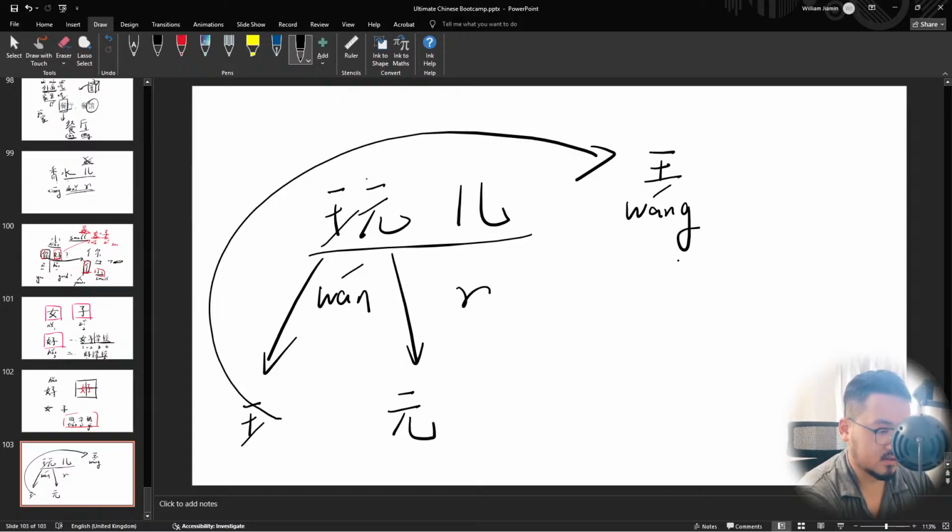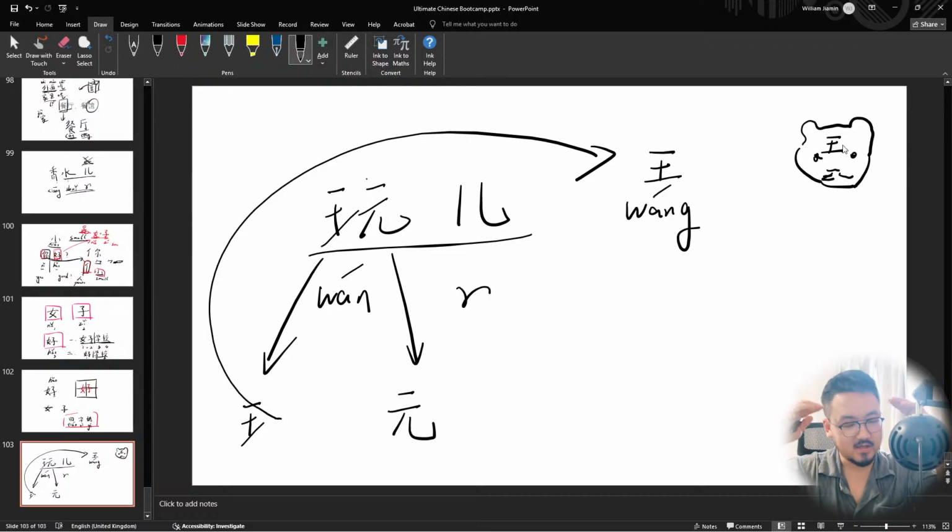Wang. Okay, so if you look at the tiger, right? Tiger got a Wang at the forehead, right? So that's the reason we call the tiger the 百兽之王, the king of all beasts, right?